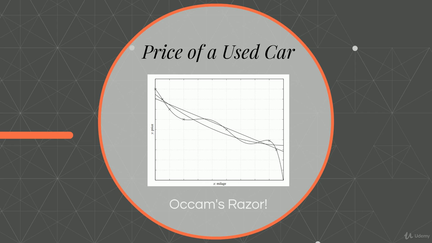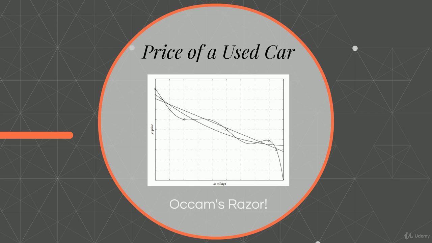With Occam's razor, we're assuming that the minimal amount of assumptions necessary is going to be the best way to model the data. So the learner is evaluated on its predictive power on a test set instead of the training data. And again, this goes back to generalization.